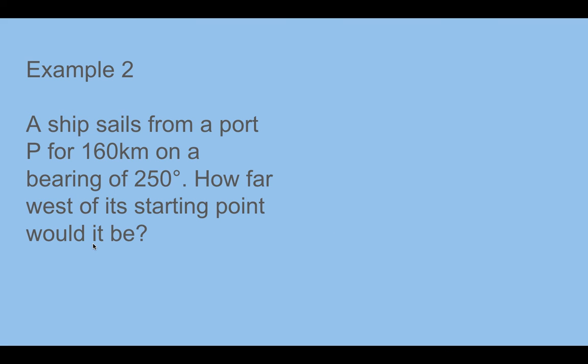So let's look at another example. Same sort of situation. A ship sails from a port P for 160 kilometers on a bearing of 250. How far west of its starting point would it be? Again, we put in our compass, north, south, east, west. 250 degrees: that's 180 and another 70, so it's going to be out this way somewhere.